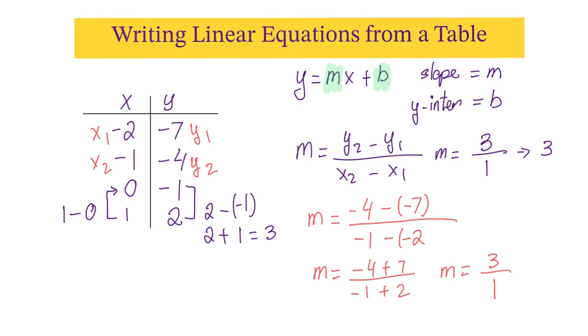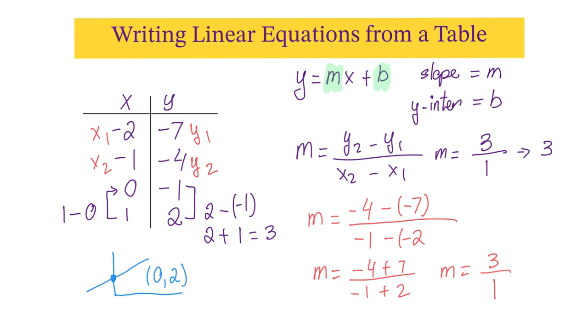Okay, so now that we found the slope, we need to find our y-intercept. Remember, the y-intercept is the point where the line is crossing the y-axis. I'm going to show you this visually so you can see. When I draw a line in here, that is the point, and that point could be where x is 0. Let's pretend y is 2.